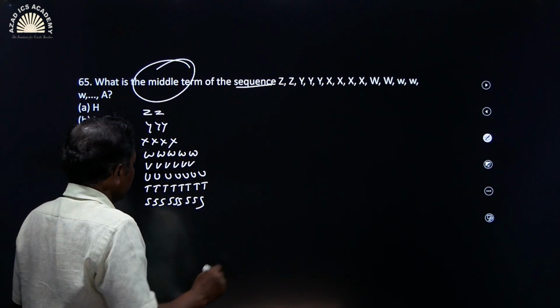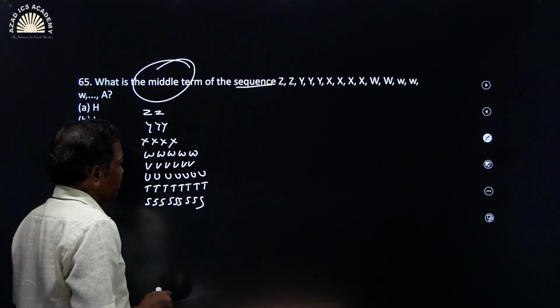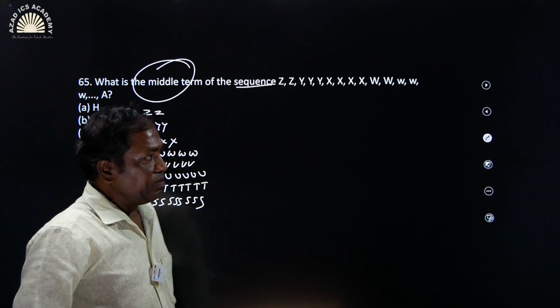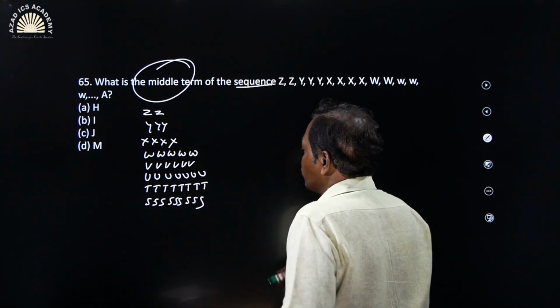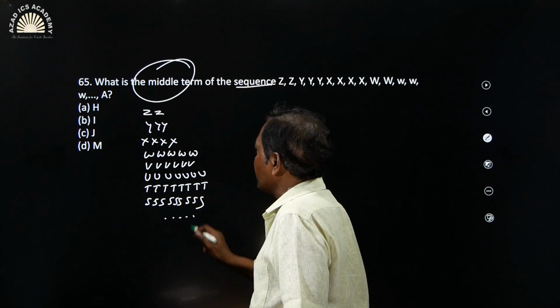And it goes on. Which of that letters is the middle term? So and so on you can write.